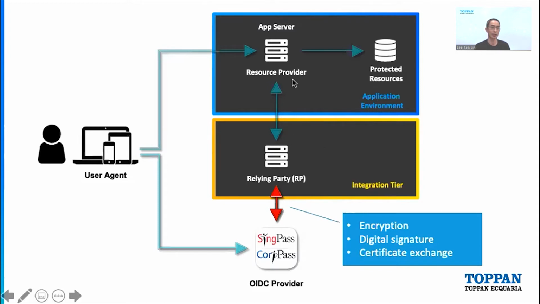Typically this connection between the application and the relying party is just within the system network. Therefore, this channel will be considered secure. But anyway, generally, we will also protect it with SSL.